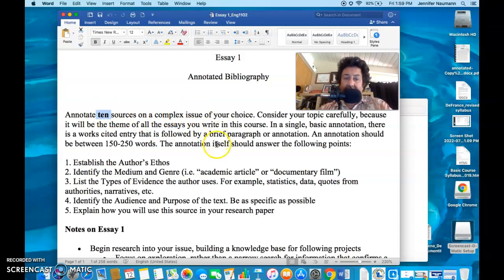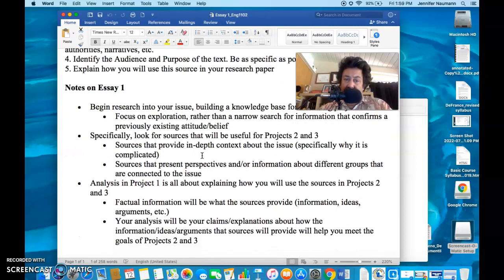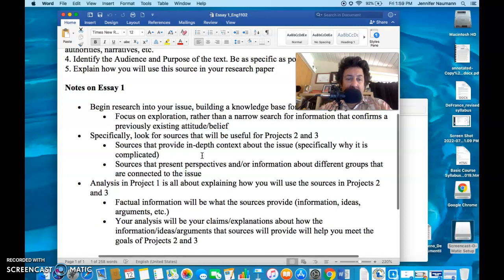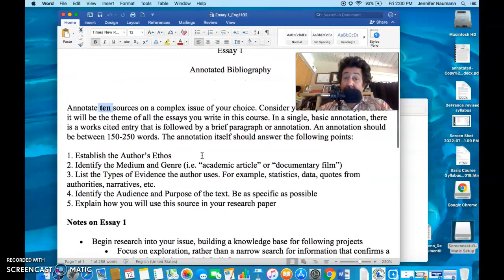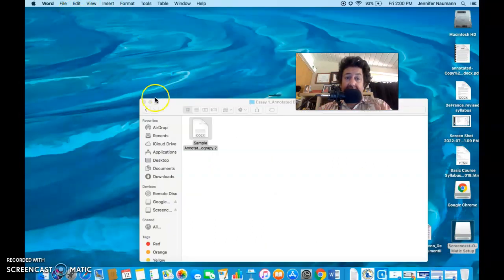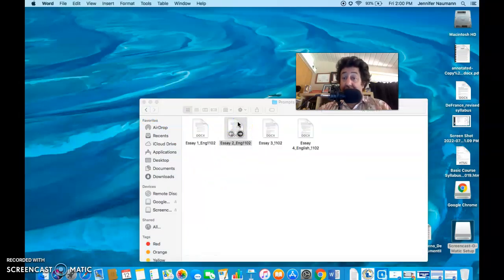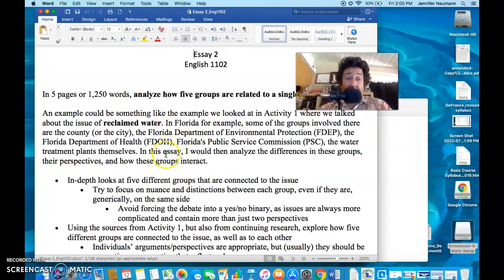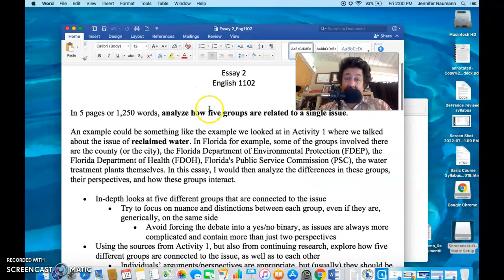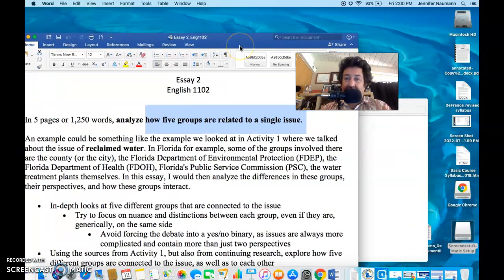What you're eventually going to be writing about is how, I don't know if I really talk about it in here, but let me talk about it right now. Basically, if you look at essay 2, for example, it revolves around this issue throughout the whole class.